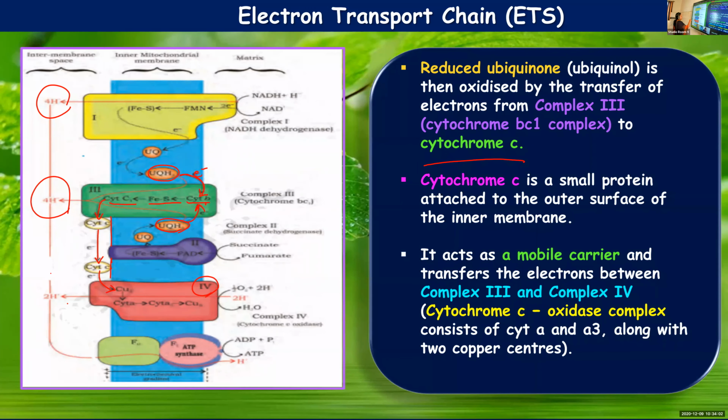And in complex 4 also you can find the protons being pumped. Yes? Can you see? So utilizing the energy obtained from the transfer of electrons through the complexes, protons are being pumped from the matrix into the intermembrane space, and this will gradually develop an electrochemical gradient.